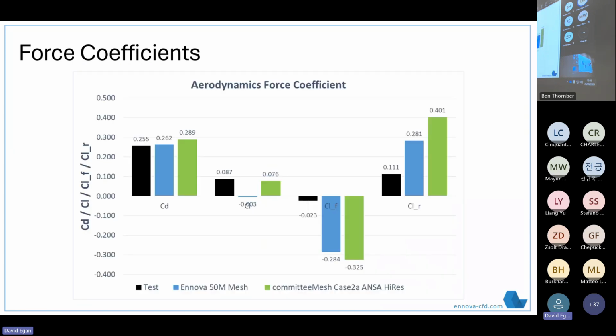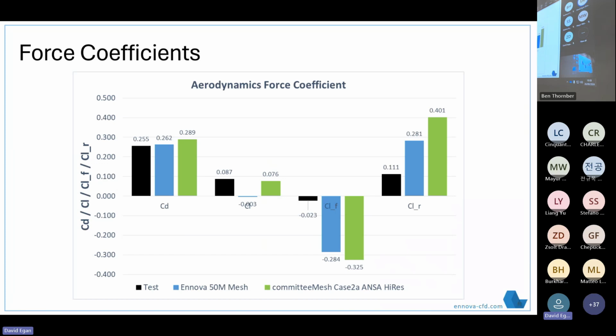And here's some of the results we've got. What you're seeing, the black is the experiment. The blue for this particular case was the CD for Ennova, and the green is your results from the committee mesh.